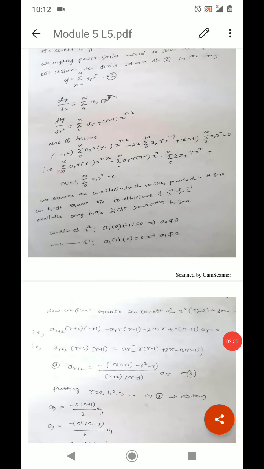Here we have multiplied minus 2x into the second summation, and also n(n plus 1) is multiplied to the third summation.